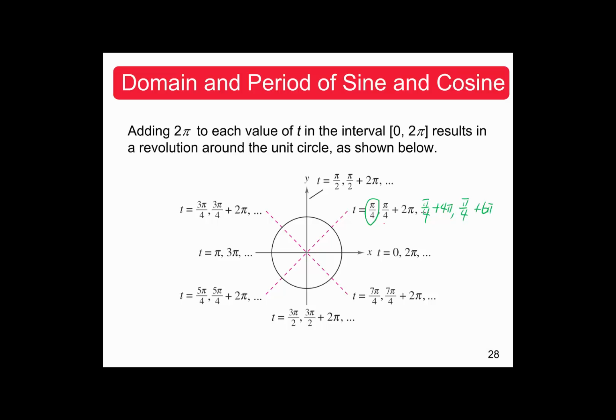You could also subtract, -2 pi, -4 pi, -6 pi, so you can get infinitely many equivalent angles here. So for any given angle, you can create as many equivalent angles as possible. So that's what this chart tells us.